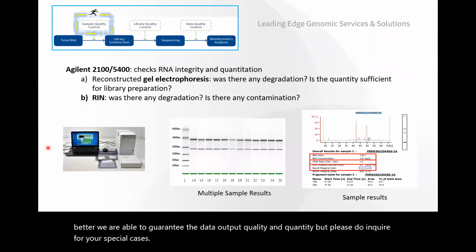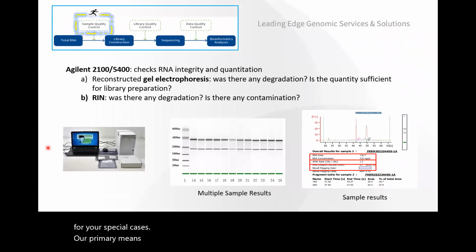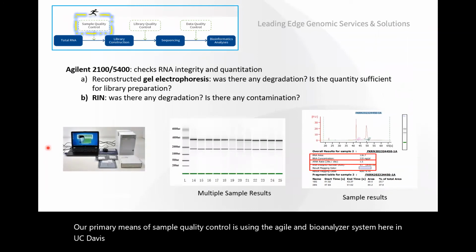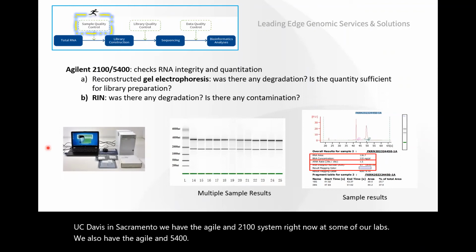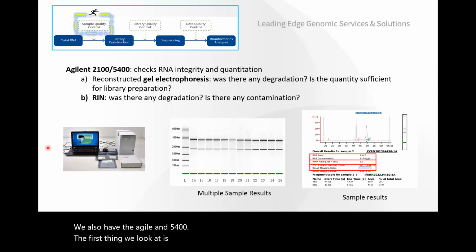Our primary means of sample quality control is using the Agilent bioanalyzer system. Here in UC Davis in Sacramento, we have the Agilent 2100 system right now. At some of our labs, we also have the Agilent 5400. The first thing we look at is the reconstructed gel electrophoresis. This is an easy visual way to understand whether there was any degradation.